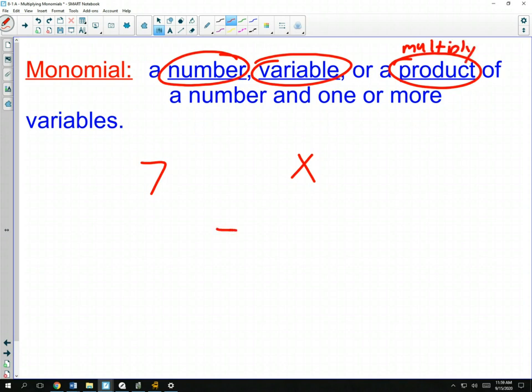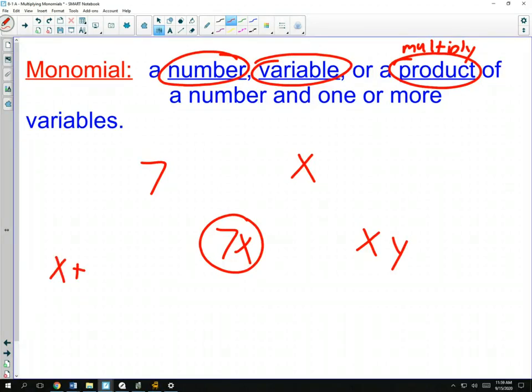So 7x is the product of a number and a variable, so 7x is also a monomial. x times y is xy, that is also a monomial. However, x plus y, now that's a sum of 2 different variables. This one is not a monomial.